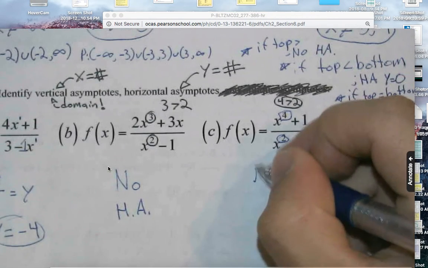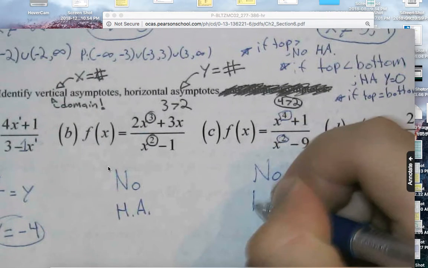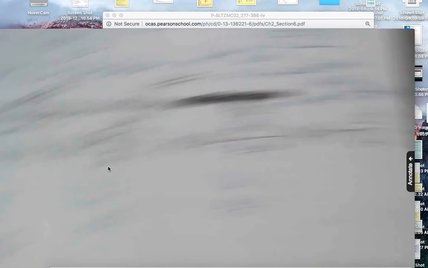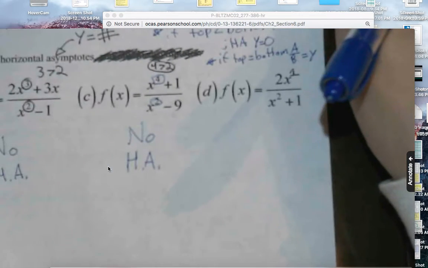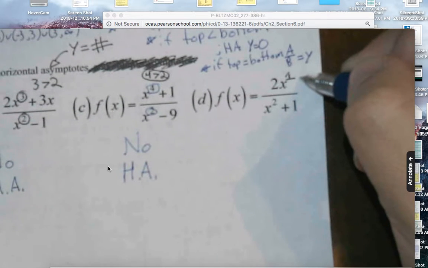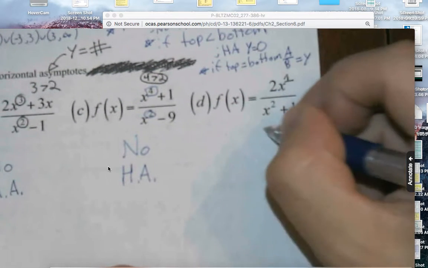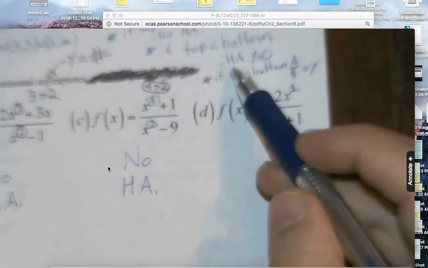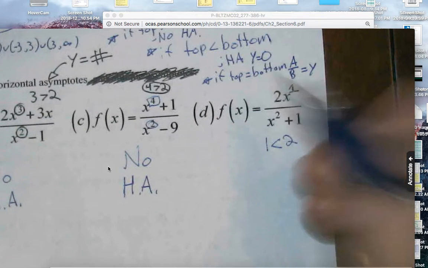So there's no horizontal asymptote. That being said, when we get to the very end, we see that we have x to the 1st as our higher top exponent over 2. Since 1 is less than 2, this is saying that our horizontal asymptote is where y equals 0.